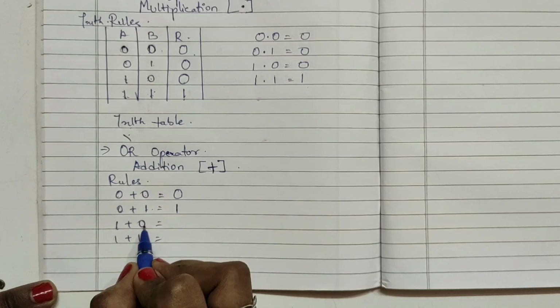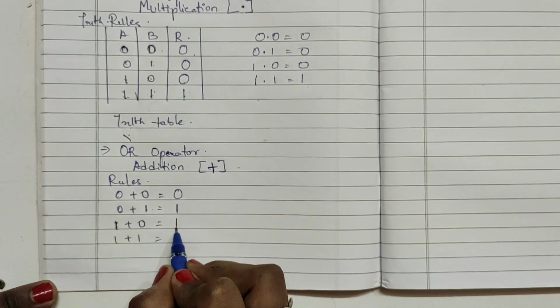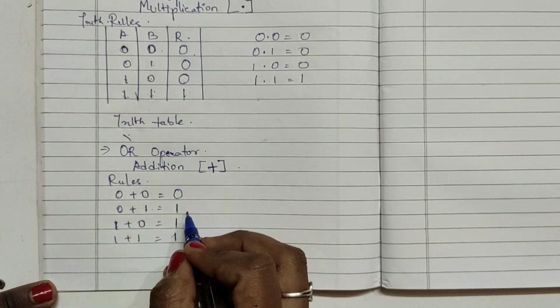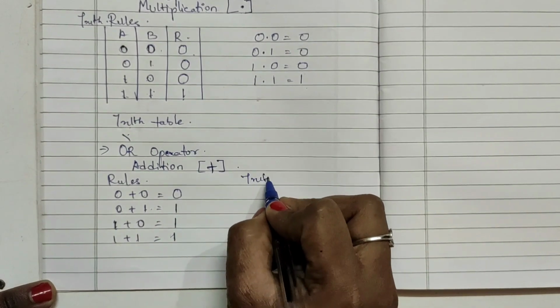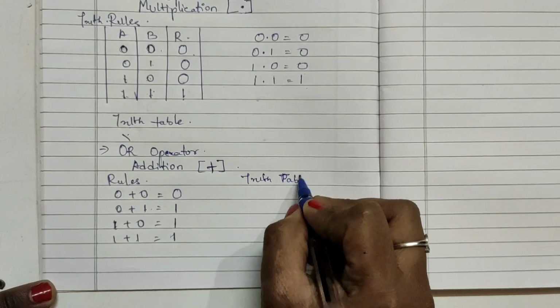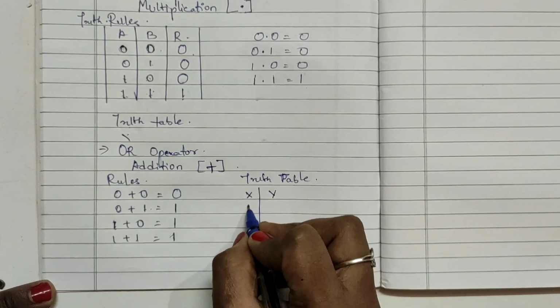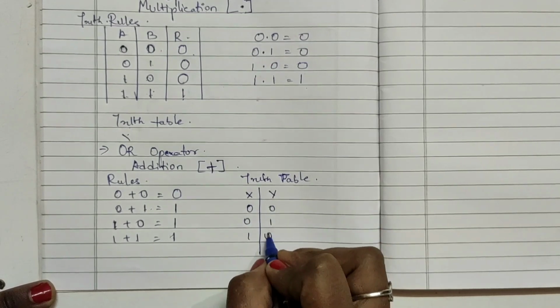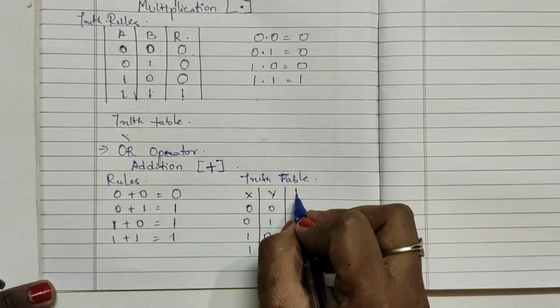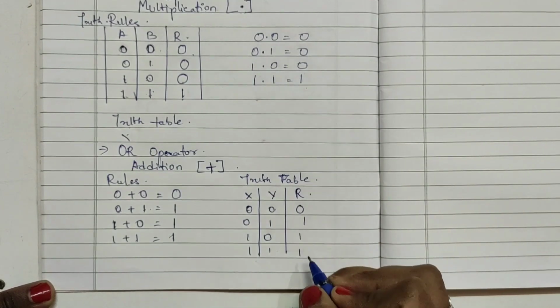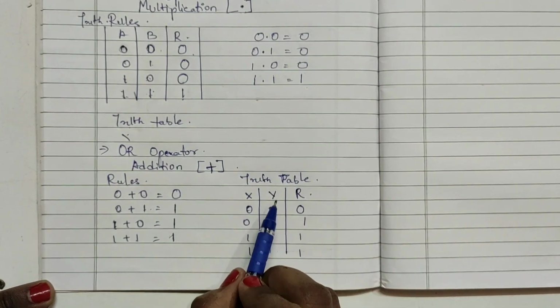Here also 1 plus 0, 1 is true, so it will satisfy the condition. 1 plus 1, again it will satisfy the condition. So these are the rules. And if we look at the truth table, just keep x, y, 0 0, 0 1, 1 0, 1 1. The result would be the same: 0, 1, 1 and 1. So this is the OR operator.